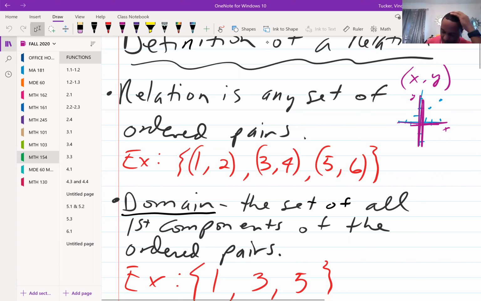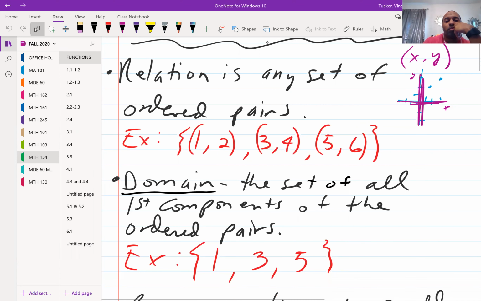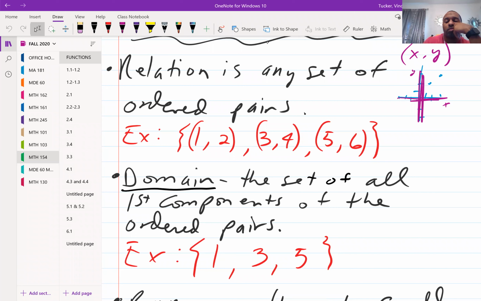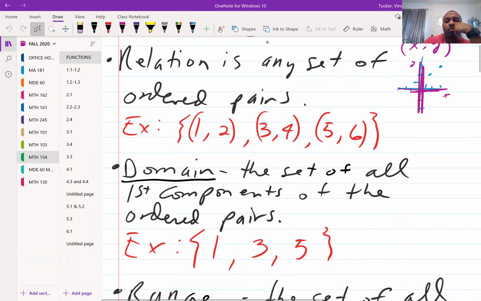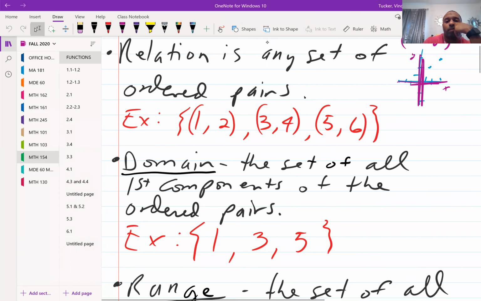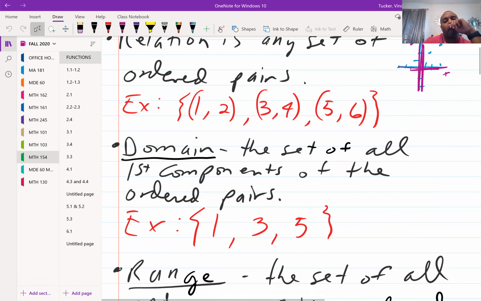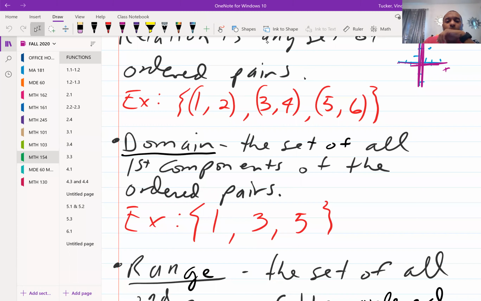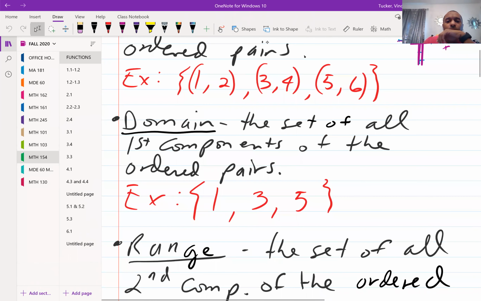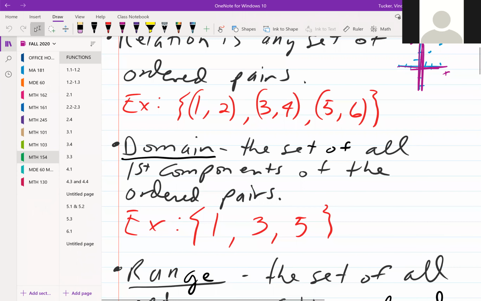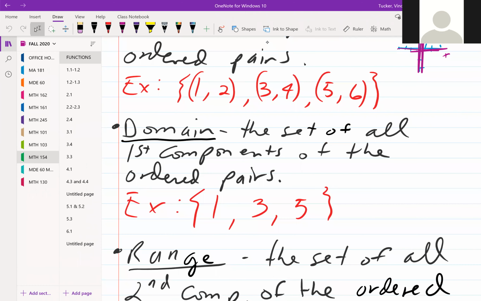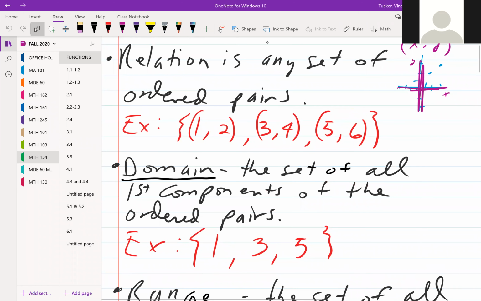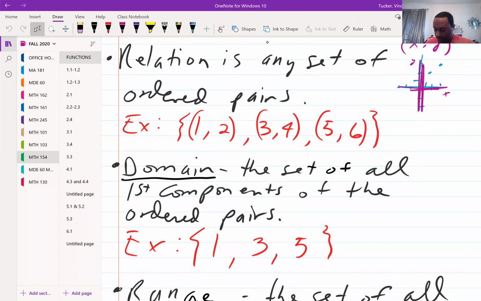Can I scroll up? Of course, let me know if I scroll up too quick. Yeah, just hold on right there. Okay, right there. Sorry, I'm just running a little late. Yeah, let me know when you're done, when you've caught up. Yes, sir.